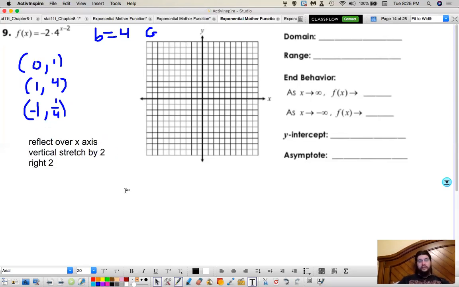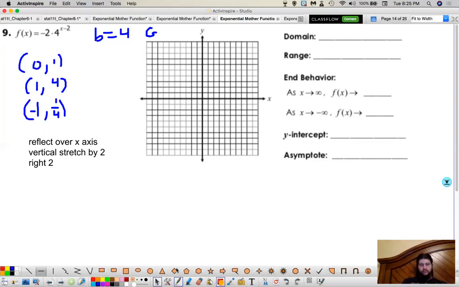So here's what I'm going to do this time. I'm going to do my dots first, and then my asymptote. Wait, no, where's my asymptote going to go? There's no vertical shift, is there? No vertical shift. Asymptote's on the x-axis. So that ain't moving.